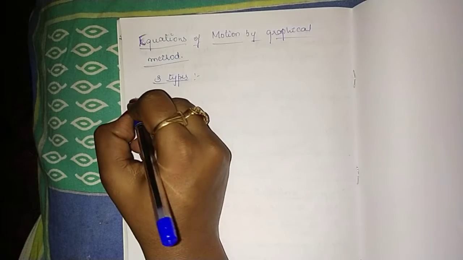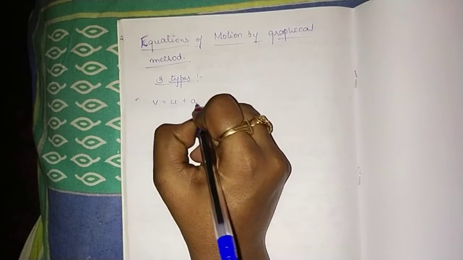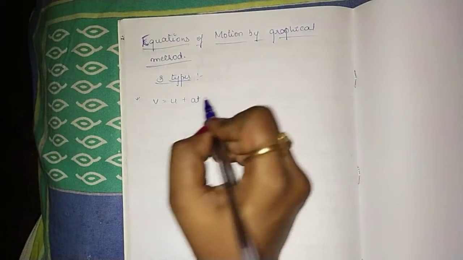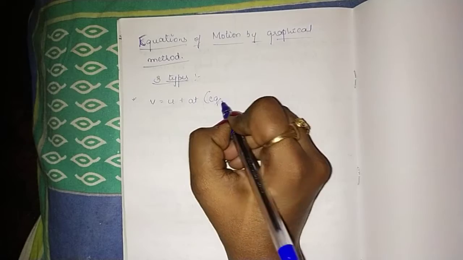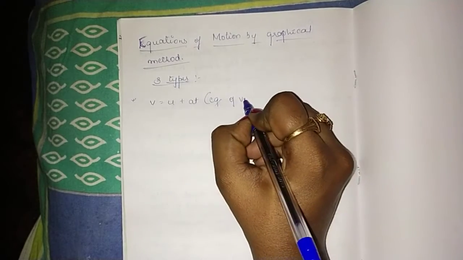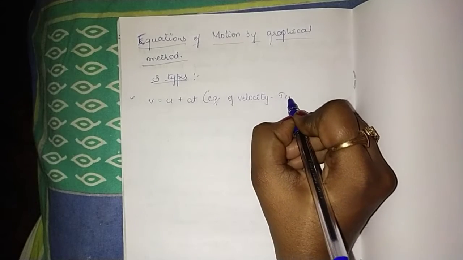The very first equation we have is V equals U plus AT, isn't it? We have to prove it. That is the equation of velocity with time relation.